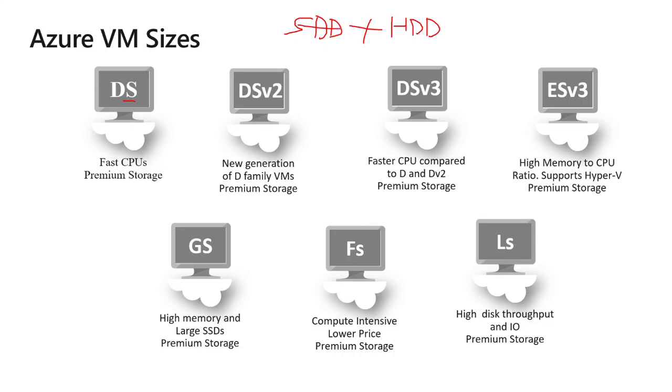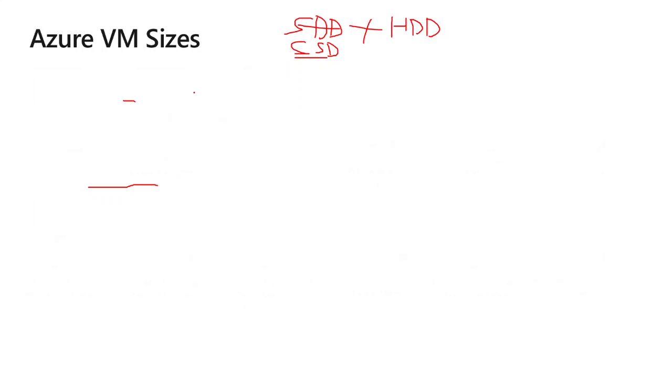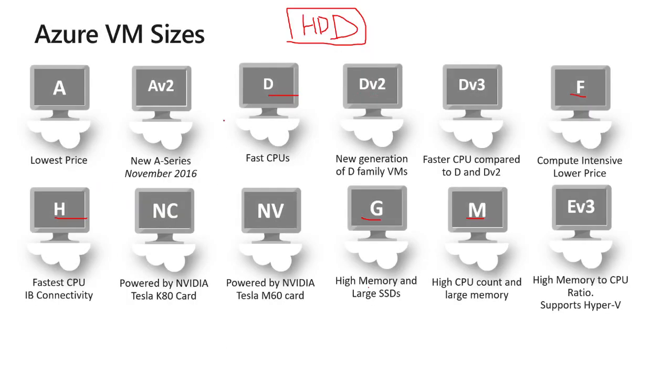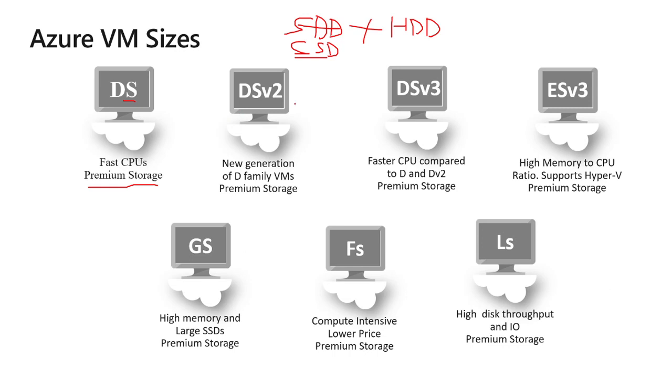SSD, right? In Azure we call SSD a premium disk, premium storage or premium disk. Make sense, guys? The same series which has D, you can find DS here; what you found here as DV2, it's DSV2.